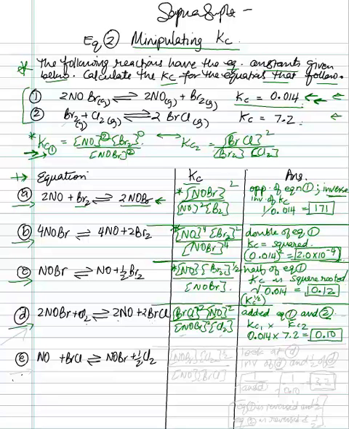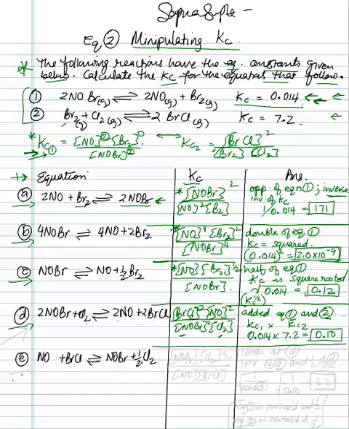Br2 is going to get cancelled over here. So then you are left with BrCl on the top, NOBr on the top, no Br2 anymore, NOBr at the bottom, and then Cl2 at the bottom, because the bromine is gone. Bromine was the same on both sides, so you had to cancel that. So that's how you will set up if you had to add two equations in this case.